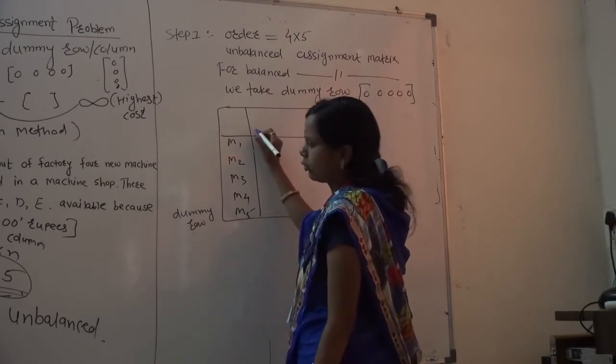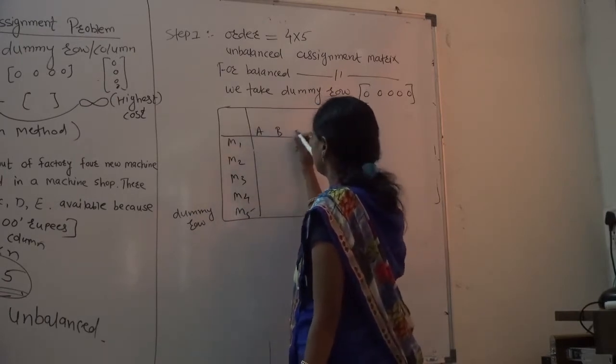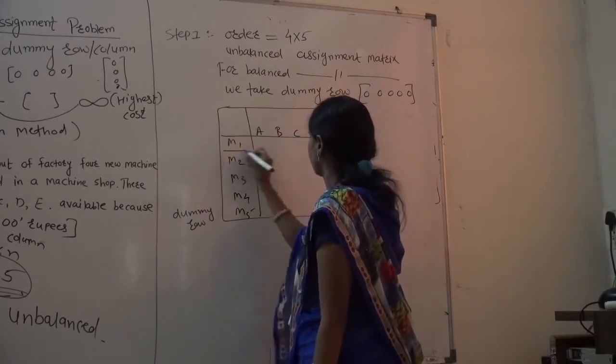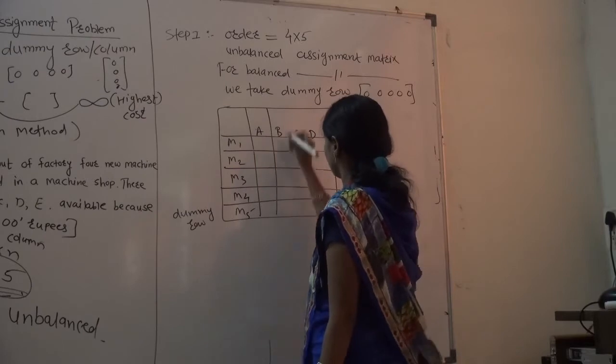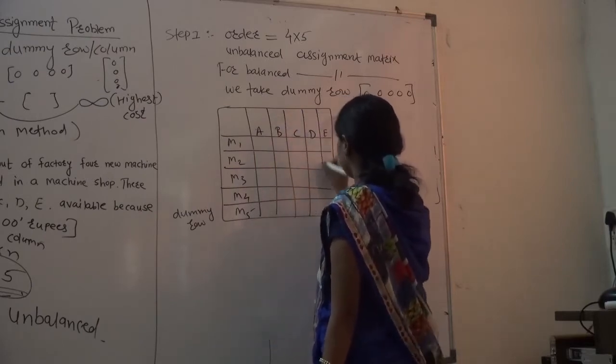The locations are A, B, C, D, E. All the costs are given in 100 rupees.